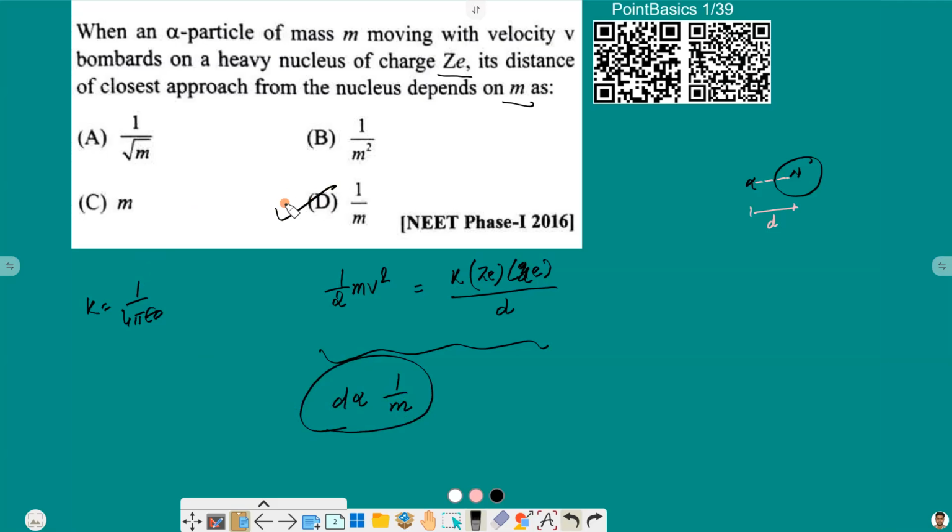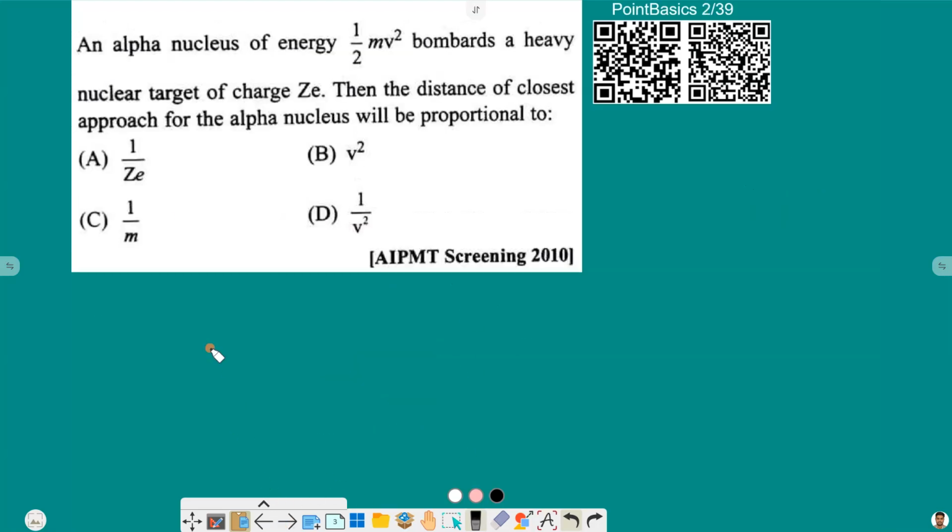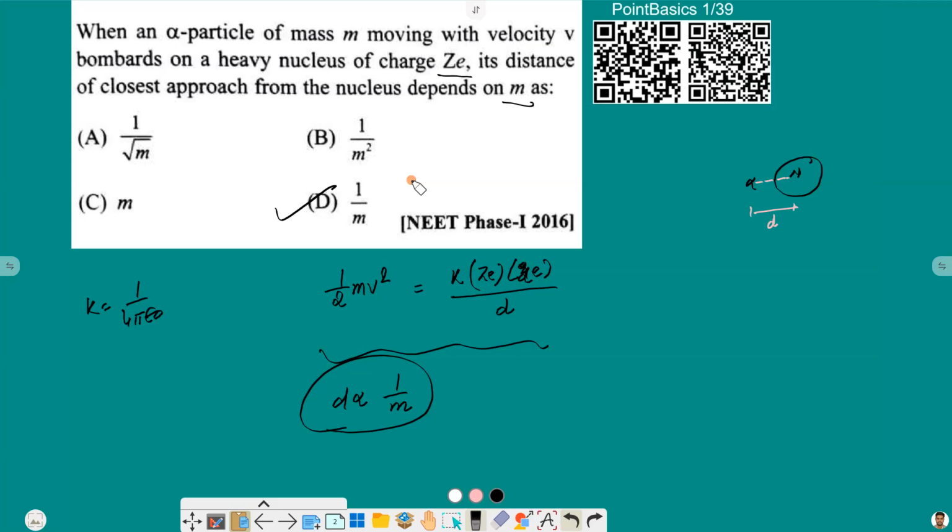Now moving ahead: an alpha nucleus of energy half mv square is bombarded on a heavy nucleus Ze; the distance of closest approach for the alpha nucleus will be proportional to what? Now we have to find out whether it will be proportional to mass and velocity and these types of things. We have already solved this in the previous one, and let us write the formula again.